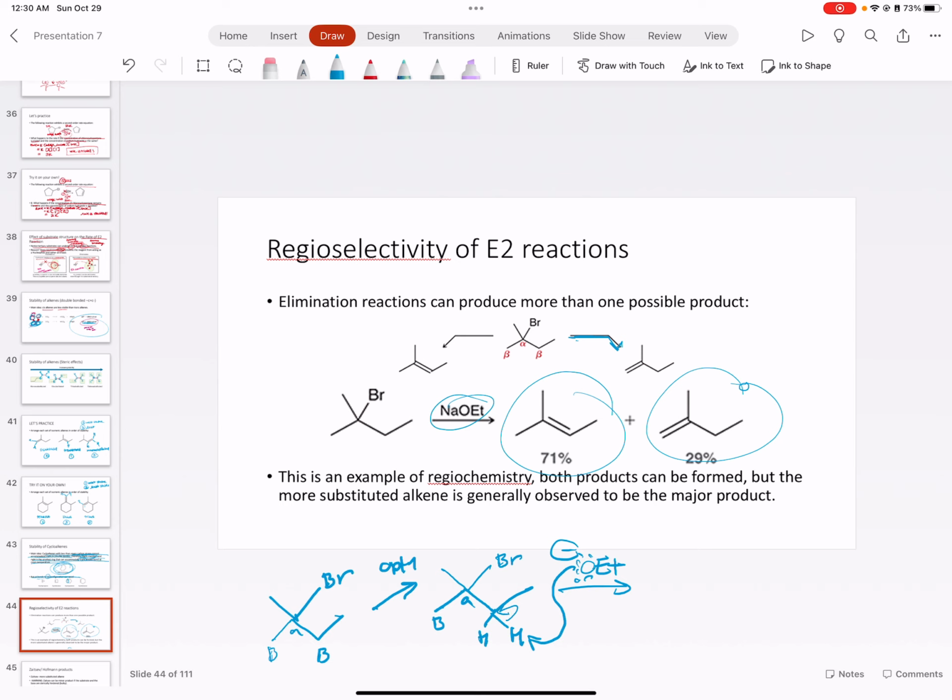And remember, we're doing E2, so everything happens simultaneously. So there's not really carbocation rearrangements or anything just yet. So then we have this, our alpha. This one leaves, so our alpha is gonna carry a positive charge.